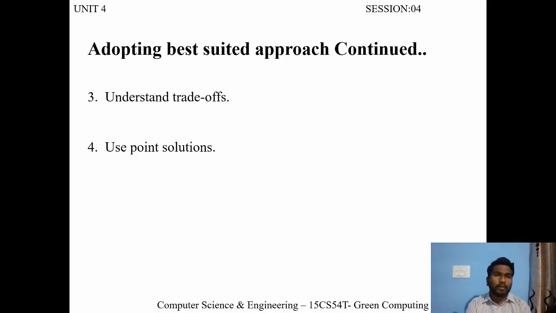We will move to the fourth key component, that is, use point solutions. First we should understand what a solution is, and before that we should know what a goal is. Only when we set the goal will we start working on achieving the target.